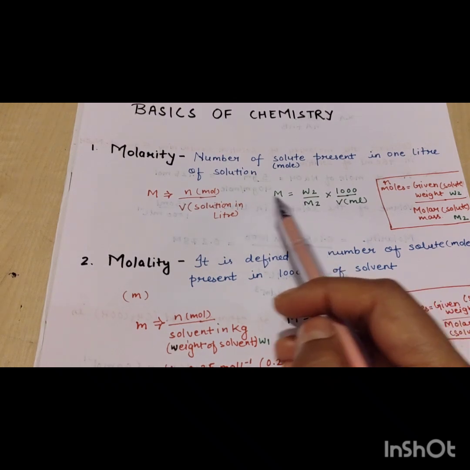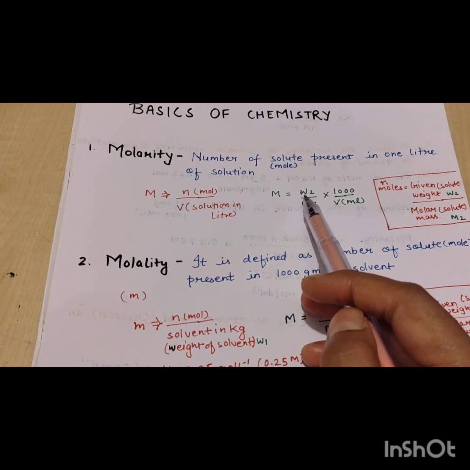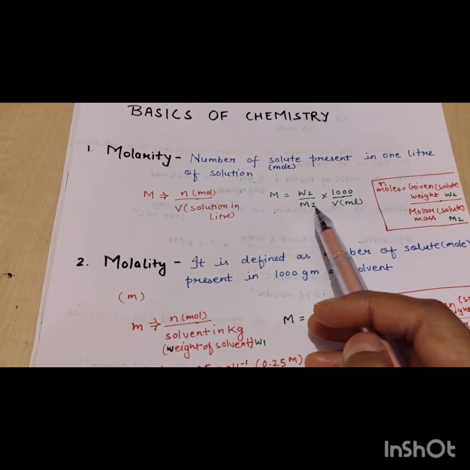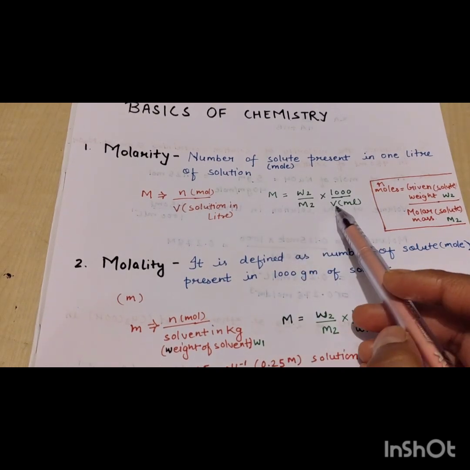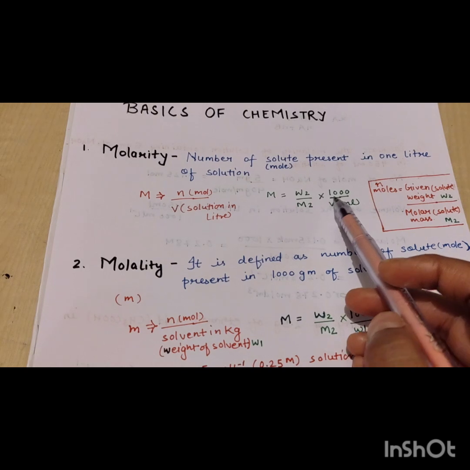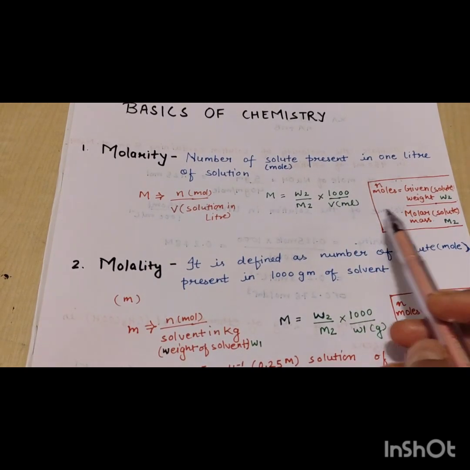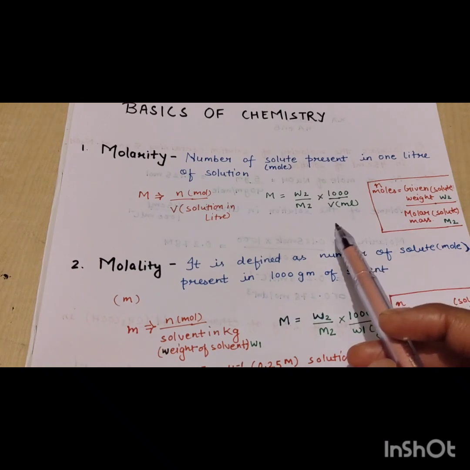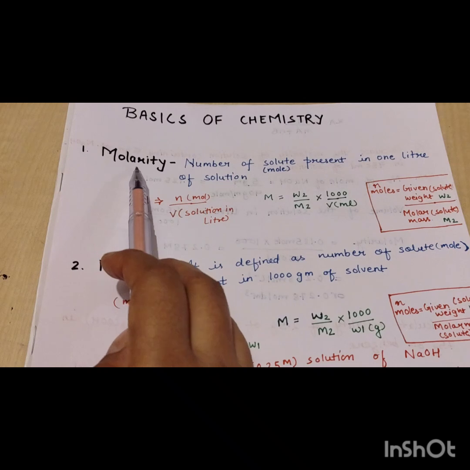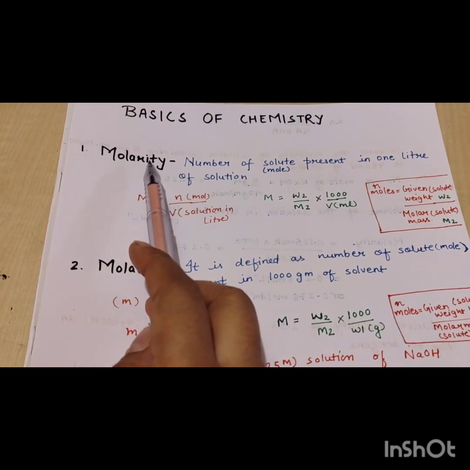So molarity is the weight of solute divided by the molar mass of solute, per liter. If the volume of solution is given in ml, then it is multiplied by 1000. So this is molarity.